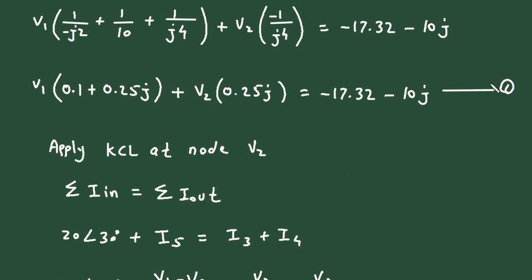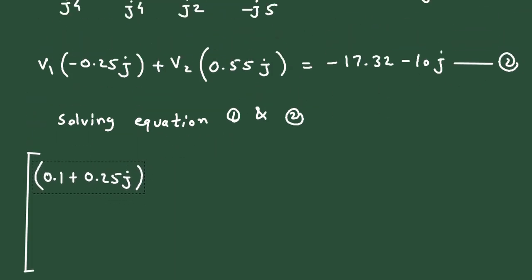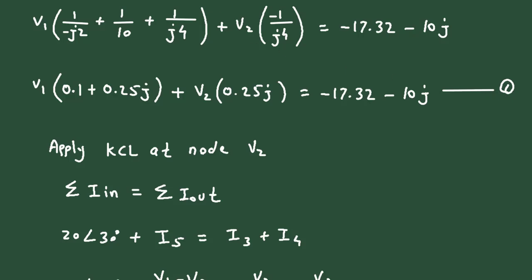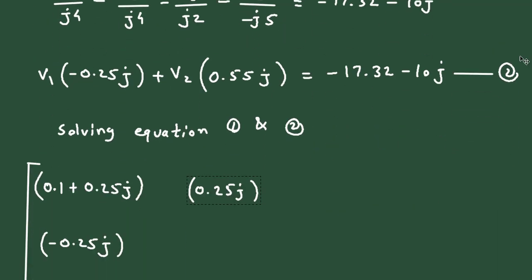So from equation number 1, first we have to take this V1 term, then from equation number 2, this V1 term, then next from equation number 1 again, let's take this term, then from equation 2, let's take this term.